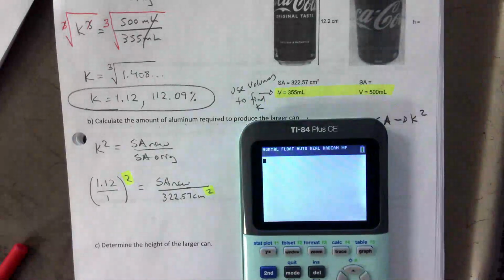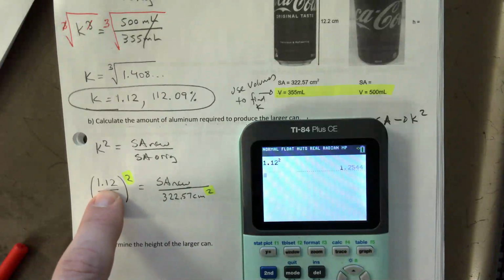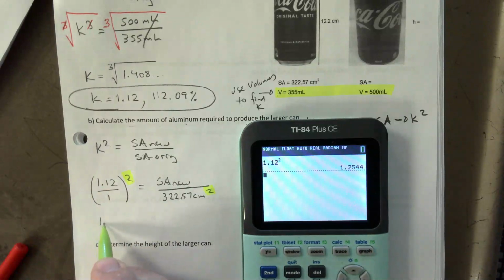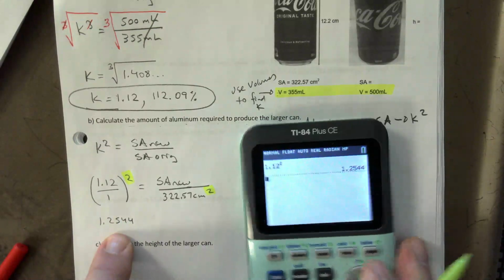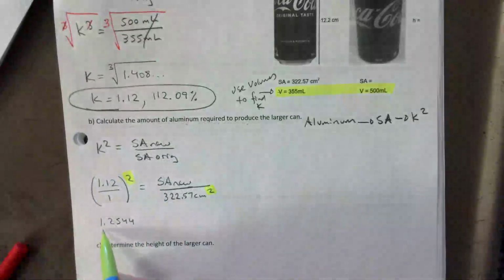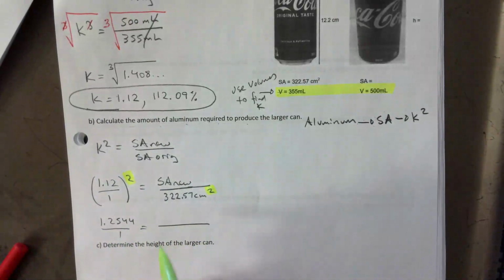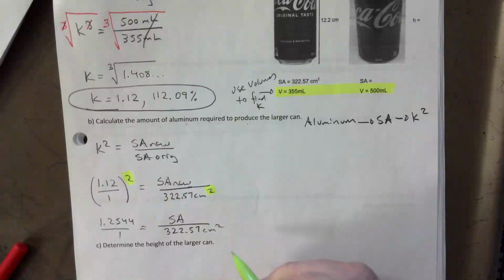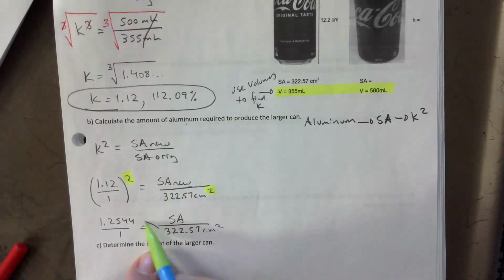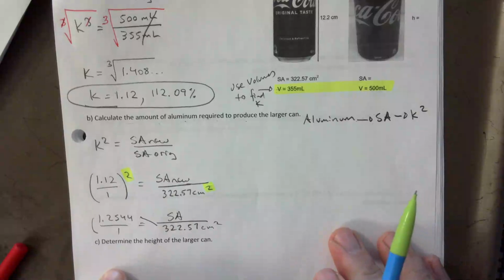You grab your calculator, you square this. That's 1.2544. Because it ends, I'm just going to write down all of it, over 1. And then surface area, 322.57 centimeters squared. And now you just cross multiply and divide.